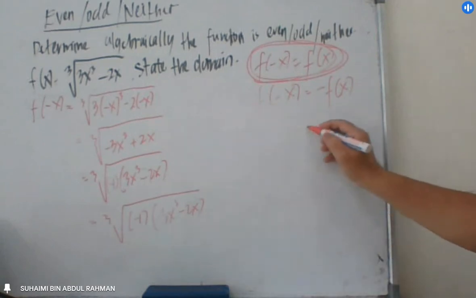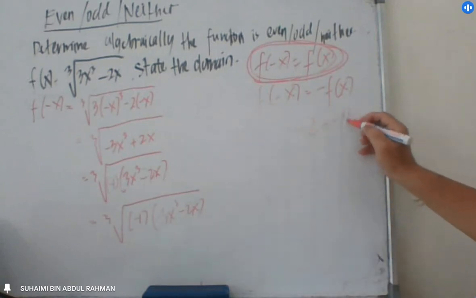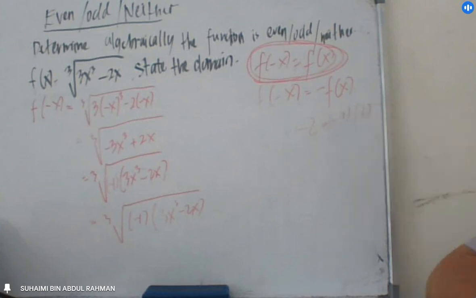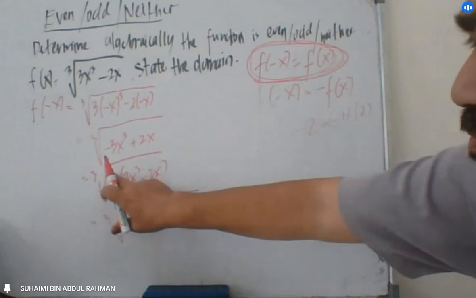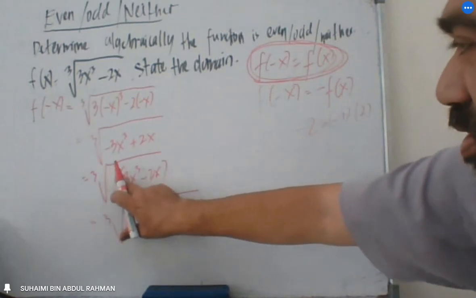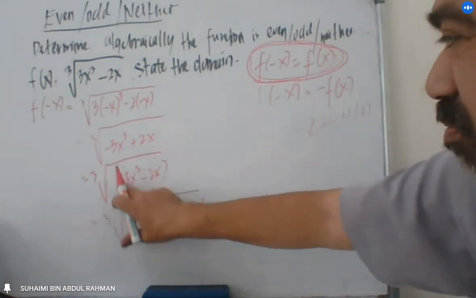Like the number minus 2. In fact, it is minus 1 times 2. So what do you have here?